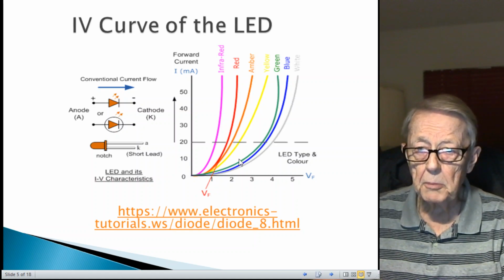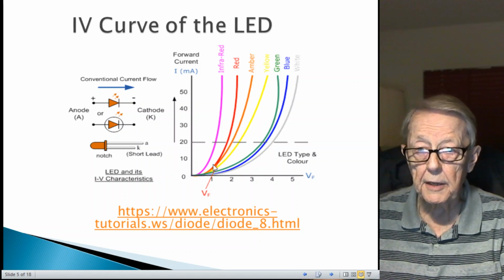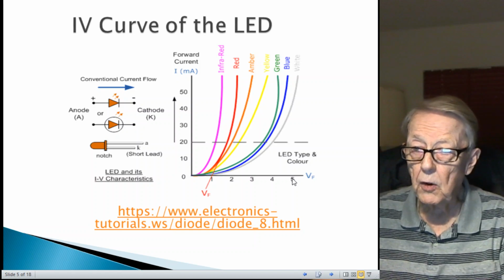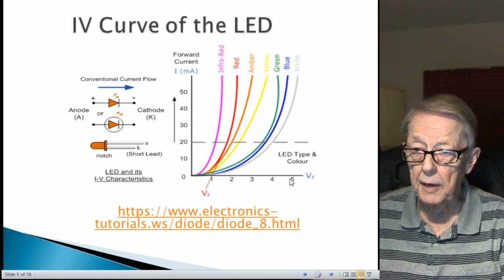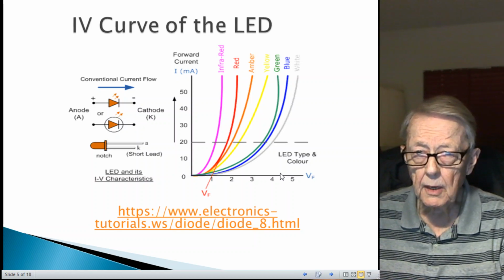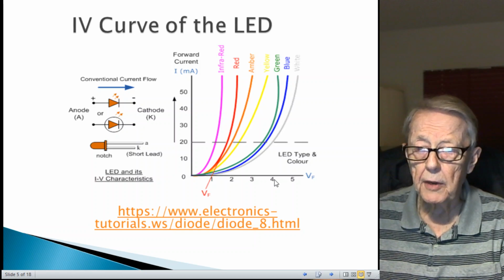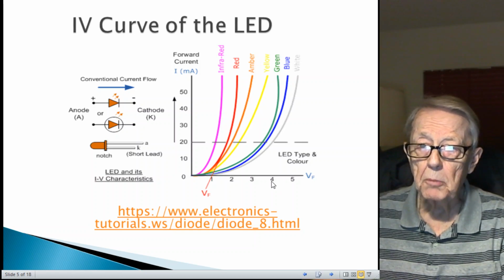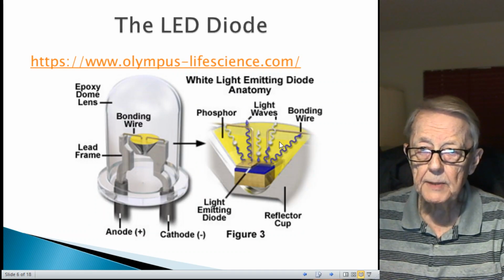What is interesting is they're showing the different colors, and it appears that the colors are dependent on the forward voltage, and yet they said it was dependent on the band gap. Maybe there's a correlation there, and I haven't dug into that, but you have anywhere from infrared all the way down to blue and white.